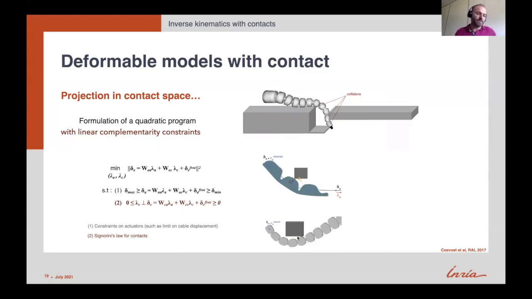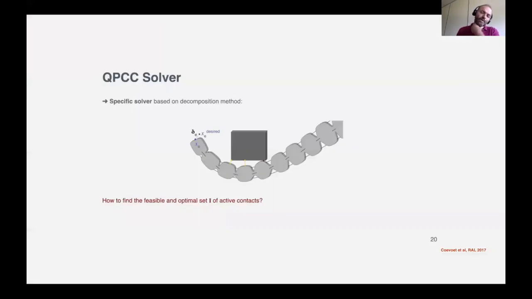If it's active, lambda is positive and the contact distance is 0, or the contact distance is positive and lambda is 0. And that's what we will find in the solver that we have built for solving this QPCC problem, so quadratic programming with complementarity constraints.